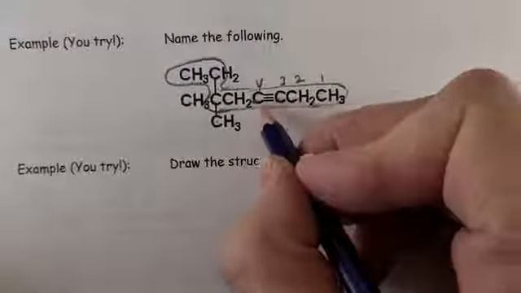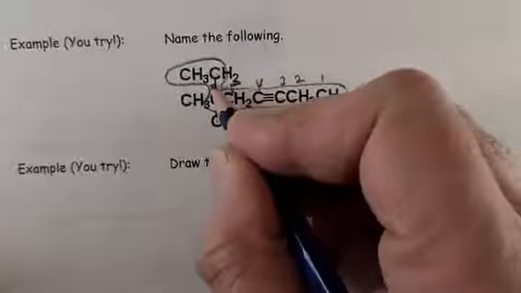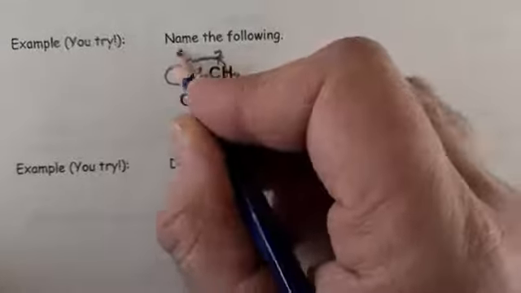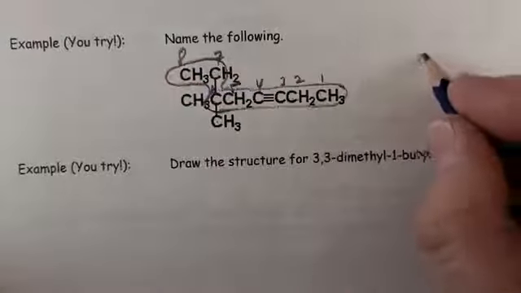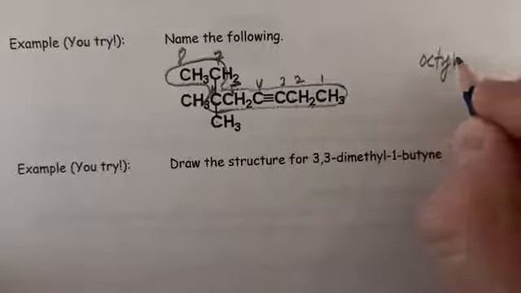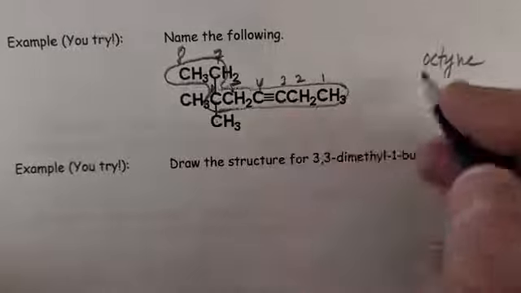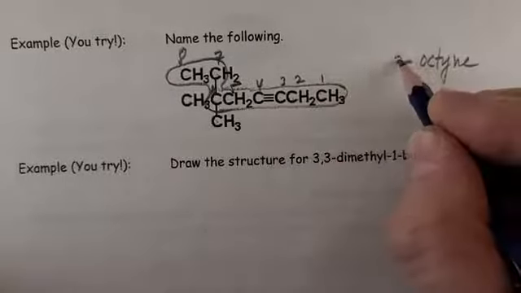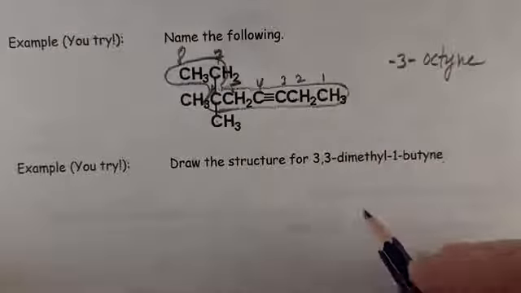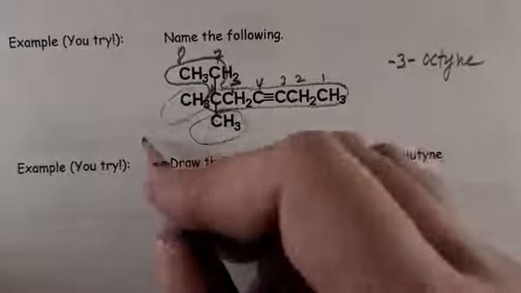So 1, 2, 3, 4, 5, 6, 7, 8. There are 8 carbons there, so that's going to indicate octyne. And that triple bond starts at position 3, so position 3 is where I'm going to put that. And oh, we have attached groups here.